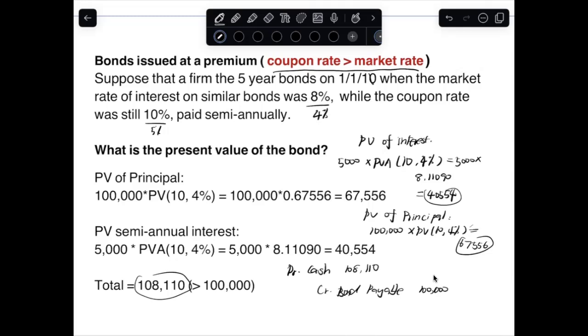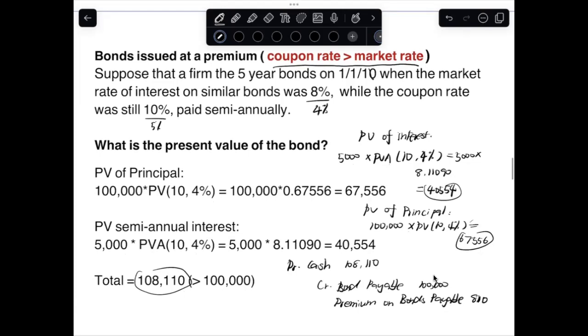And you can see here it's not equal, and we record the premium in an adjunct liability account, which means premium on bonds payable always follows the bonds payable, and later we adjust it. Okay, the increase of the premium on bonds payable will lead to the increase of liability.